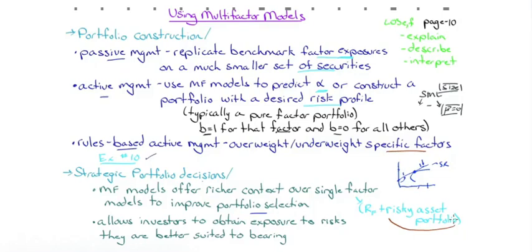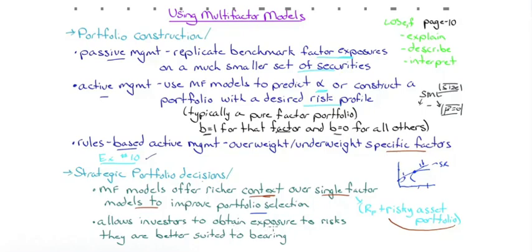How can we just get rid of those? And a portfolio designed on multiple factors can help you do that. So it offers a richer context over the single factor model. In other words, we don't have a choice between the risk-free asset and a single risky asset. We can construct portfolios that have just the risk factor exposure that we want or do not want specifically.